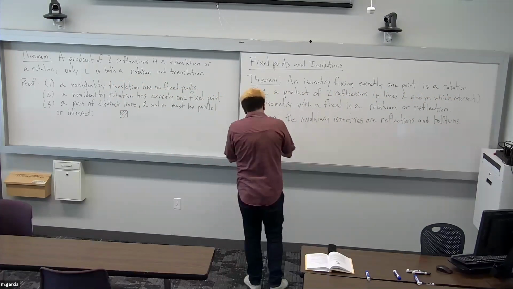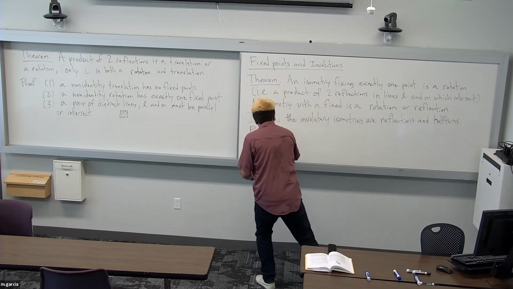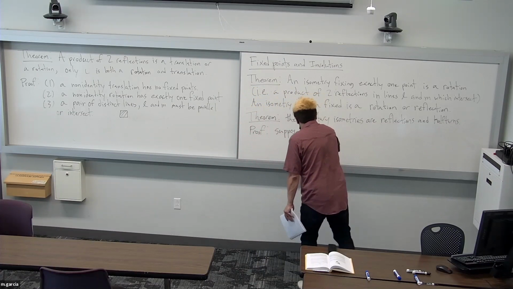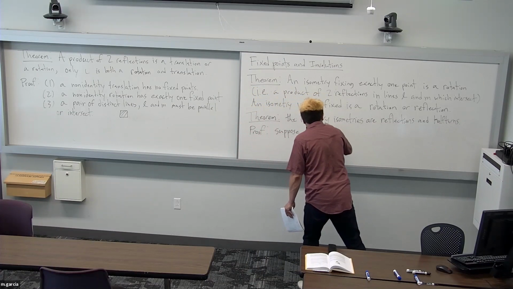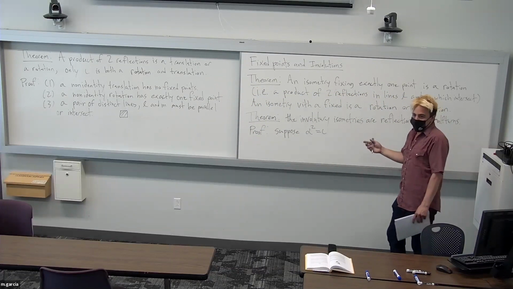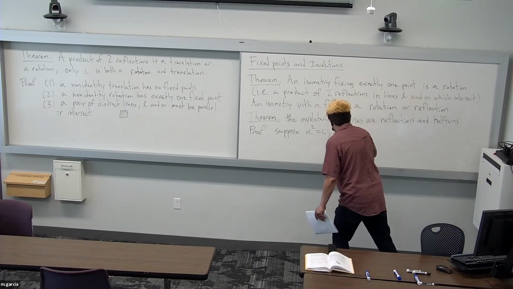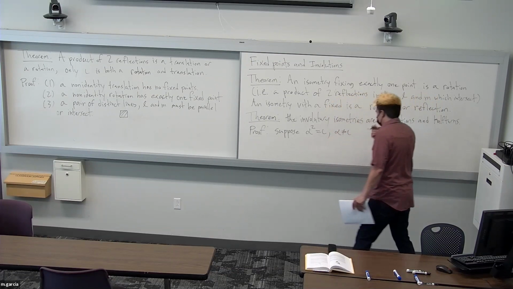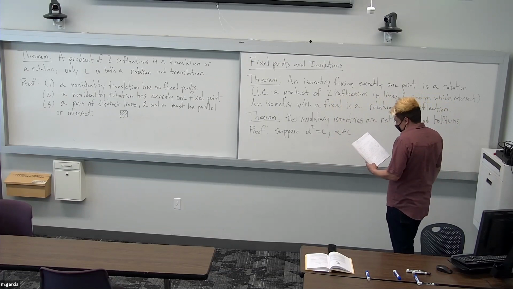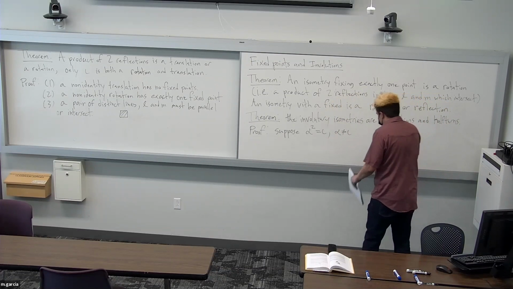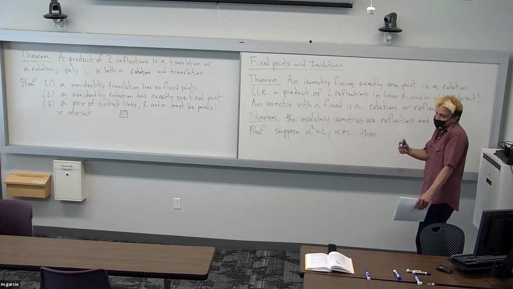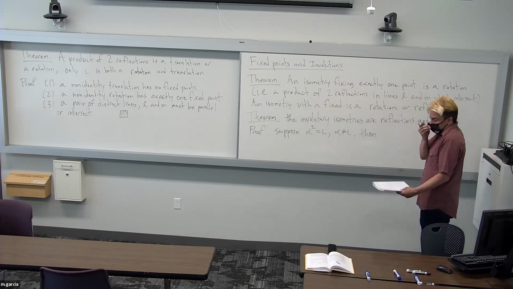So, let's suppose that we have some isometry alpha, non-identity, such that alpha squared is iota. Then, since it's not the identity, we know there's some point that is not fixed by alpha, right?